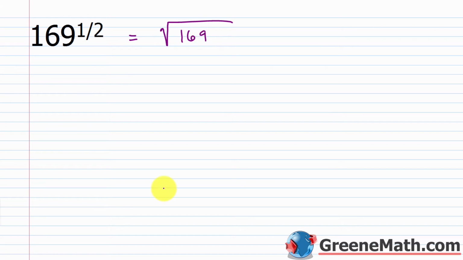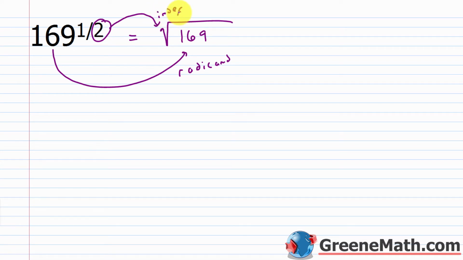And if you didn't remember that, you could use the flashcard and say, okay, this is going to be my radicand, and then the denominator is going to be my index. Now, when we work with square roots, we know that we don't display the 2, right? We have an understood index of 2 when there's no index displayed. So we all know that the square root of 169 would be 13.